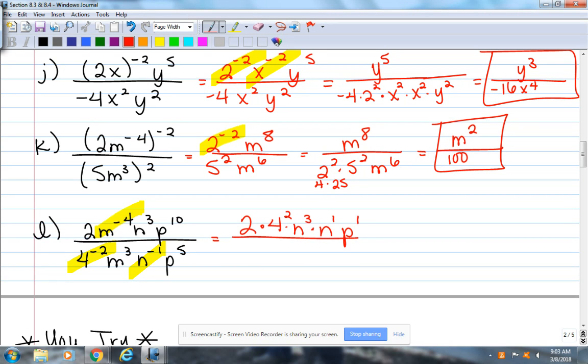The P's ain't going to change. So now I have M to the 3rd on the bottom, and I'm bringing an M to the 4th down. Does that make sense? It doesn't matter which order you put them in, as long as they go to the right spot. The ones I highlighted blue are the ones I moved. Does that make sense?